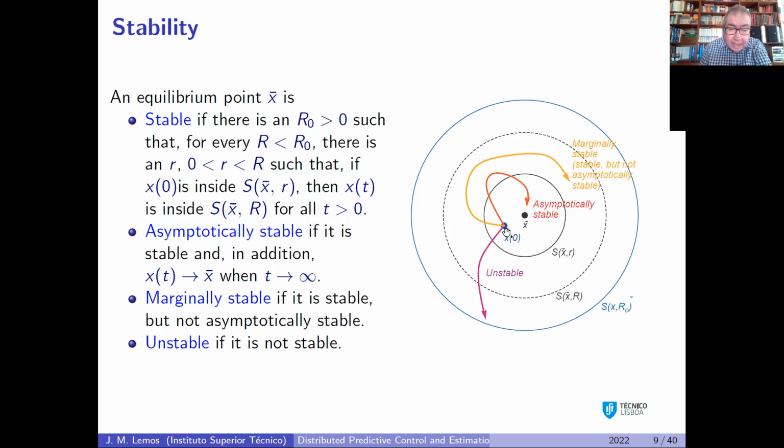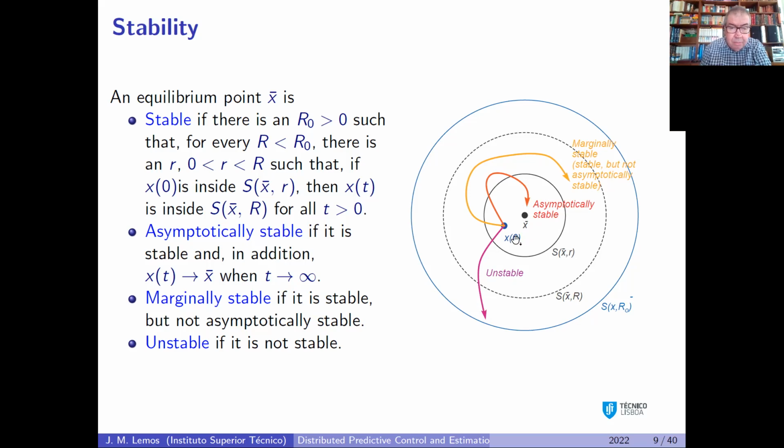And an unstable point is one for which, no matter how I squeeze my small r, this smaller ball, there are initial conditions that lead me to go out of the larger sphere.